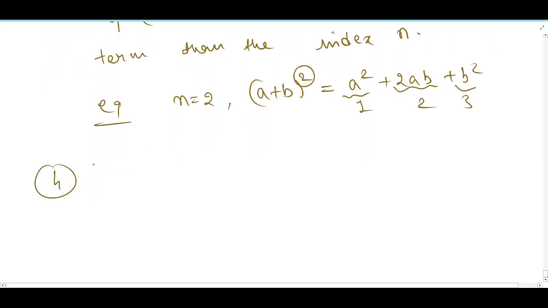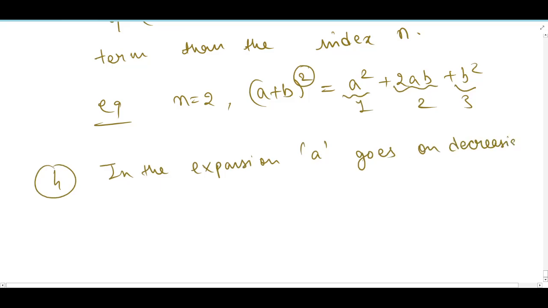Fourth point, in the expansion, a goes on decreasing and b goes on increasing.